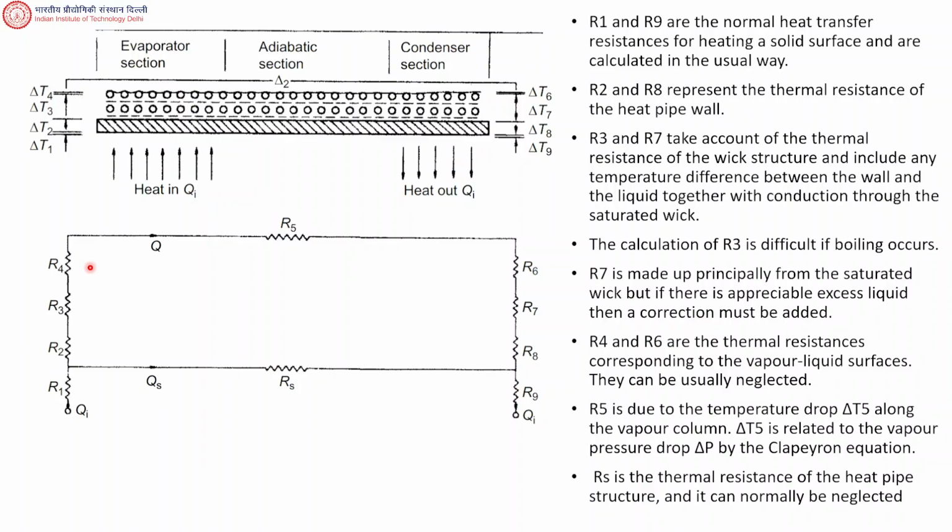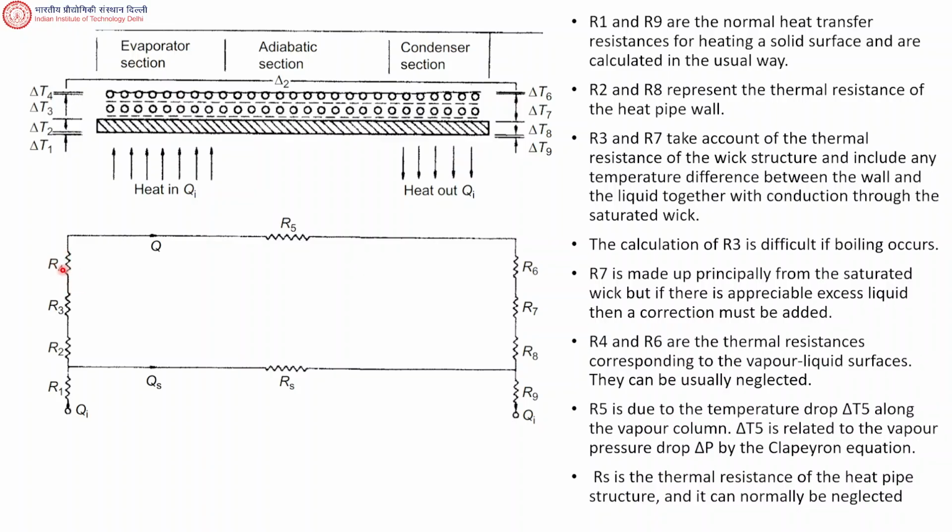And next to the wick, as you go towards the center of the tube, center of the heat pipe, you will see after the wick, you will get the vapor zone, right? These are the various layers. So this is outside resistance. This is the thermal resistance of the heat pipe wall. R3 is the thermal resistance of the wick structure, and R4 is the thermal resistance corresponding to the vapor liquid interface.